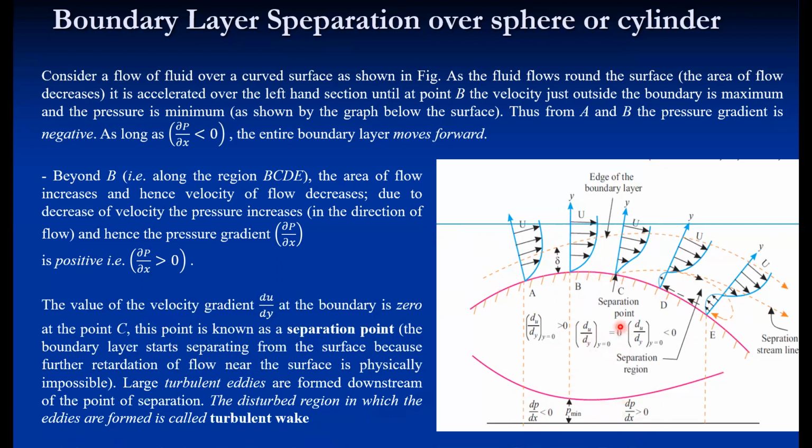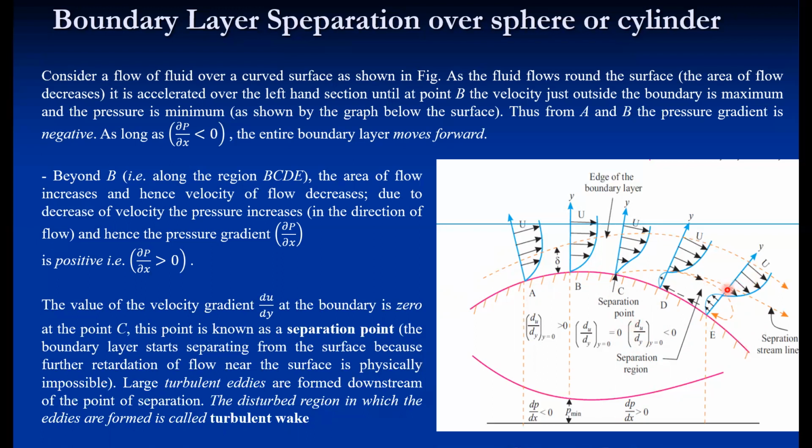But beyond point C, there is a possibility of adverse pressure gradient, because separation of flow takes place from C to E, where the velocity gradient is negative. The velocity gradient is zero at point C. So these are the various characteristics when the flow takes place over a sphere or cylinder.